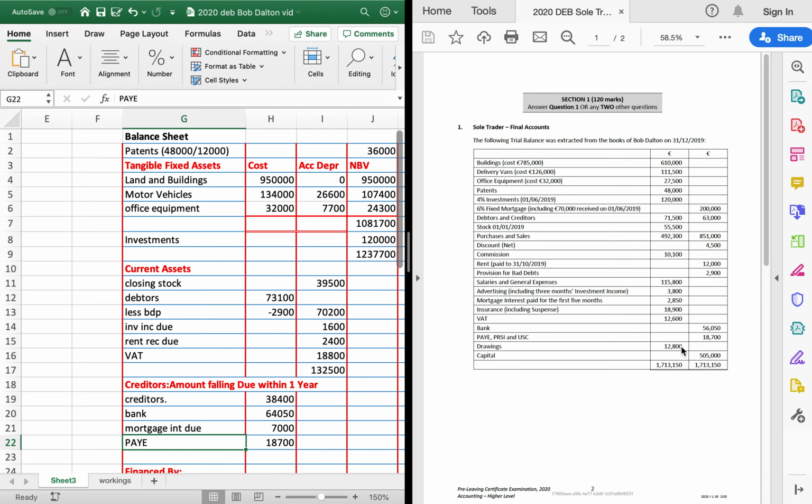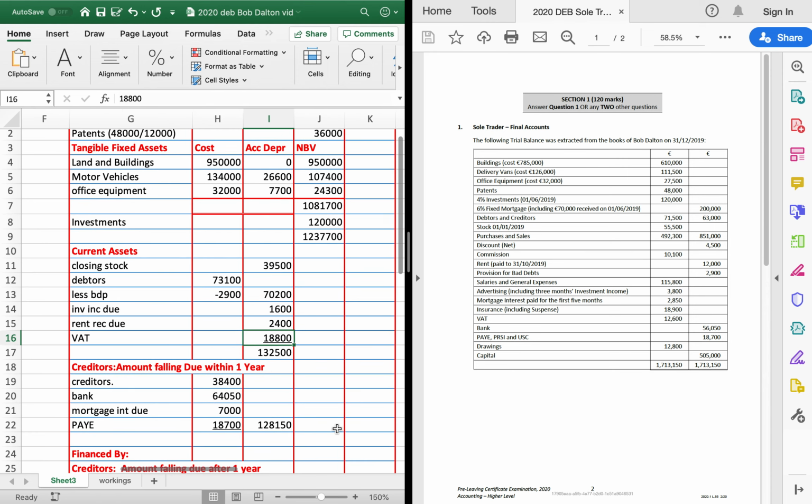Just check everything from the right is now in, bar the capital. Yep. So if we add them up, we get 128,150, which we're going to take away from the 132,500 to get 4,350 again.